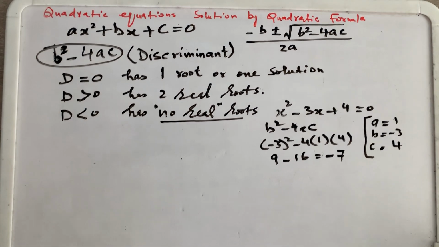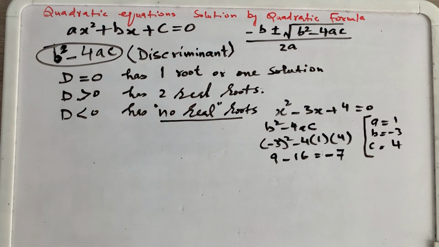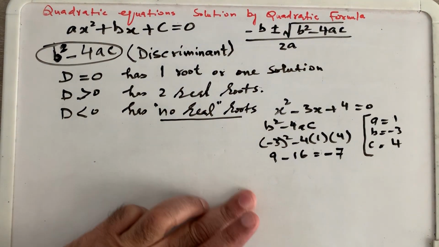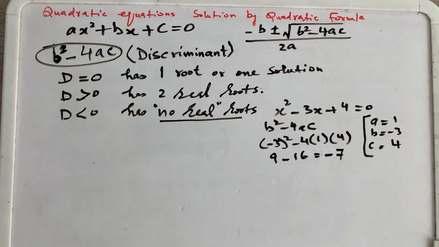One real solution means that the parabola will cut the x-axis at only one point. Two real roots means the parabola will cut the x-axis at 2 distinct points, right? And if D is less than 0, it has no real roots, that means the roots are imaginary numbers.